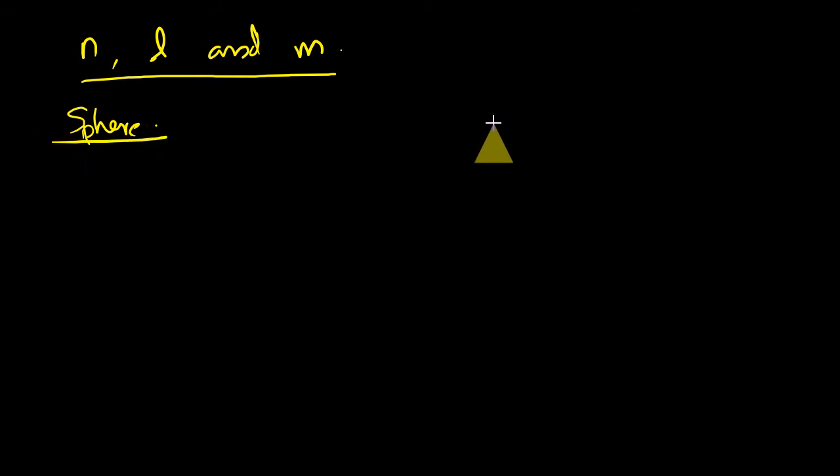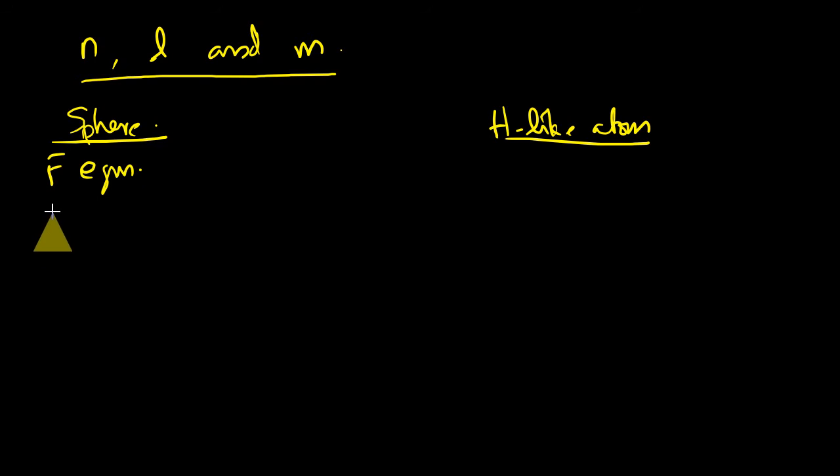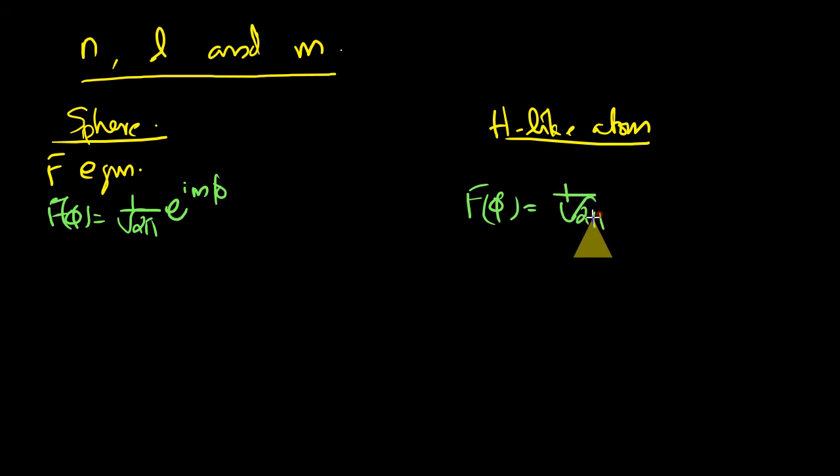The F equation in the case of the sphere was f of phi equal to 1 divided by root 2 pi, e raised to i m phi, and we have the similar equation here in the hydrogen-like atom, f of phi equal to 1 divided by root 2 pi, e raised to i m phi.